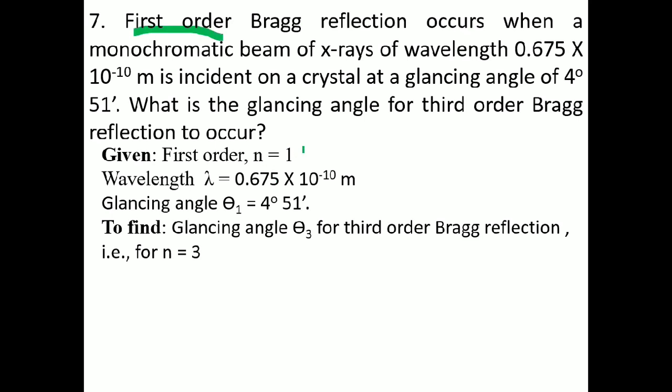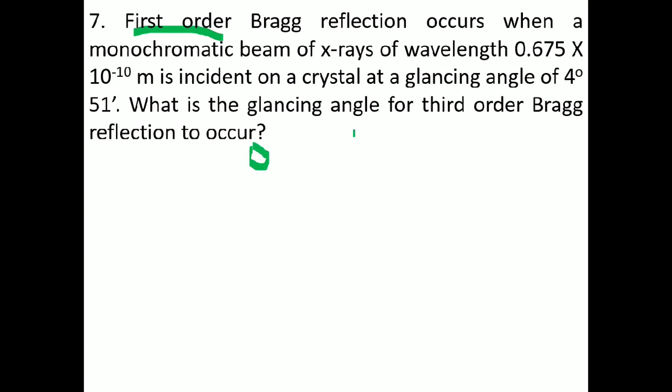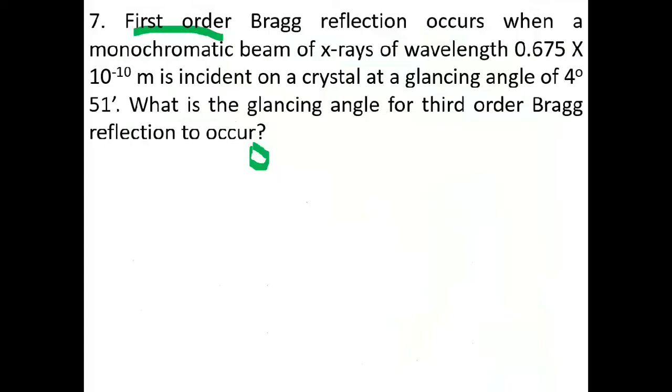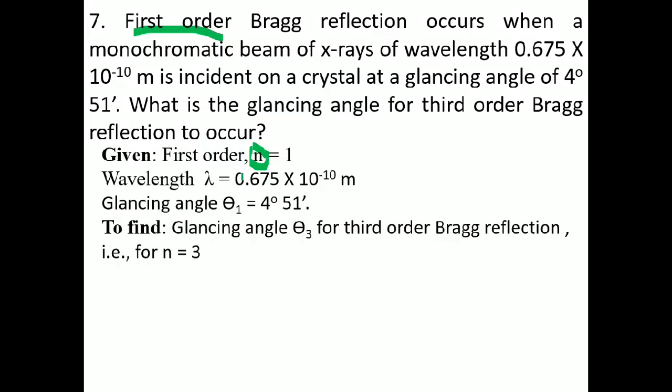So don't have confusion between the small n taken here and that small n taken in the previous problem. In that equation, small n represents the number of atoms per unit cell, whereas in this problem n represents the order of diffraction.